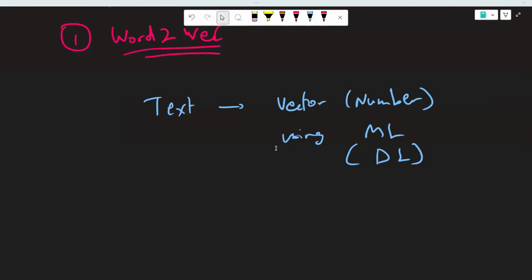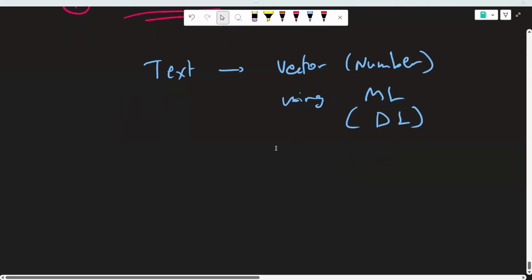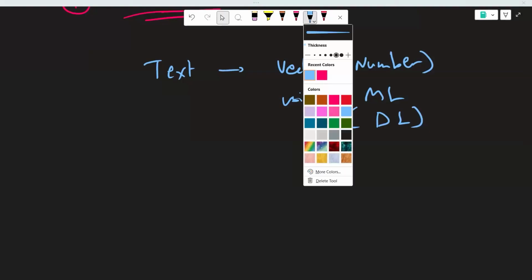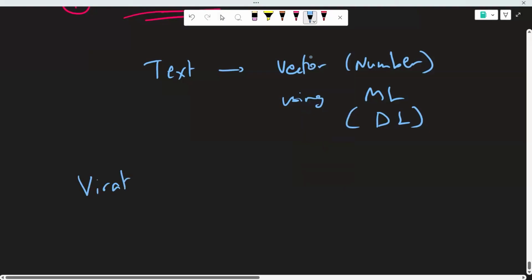Now let's see one example of this. Let's say there is Virat Kohli and there is Rohit Sharma.